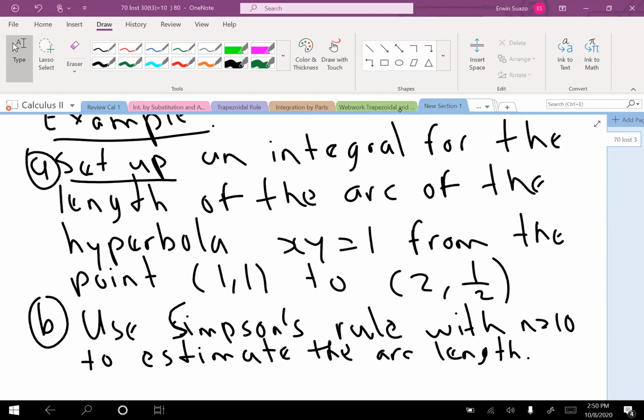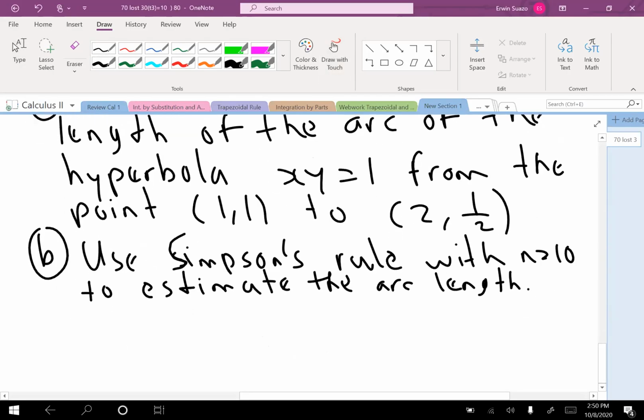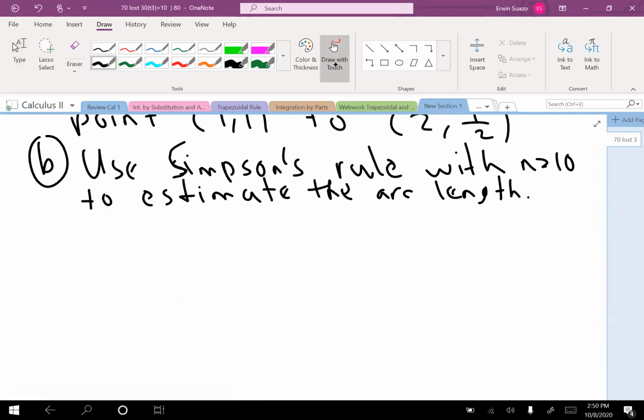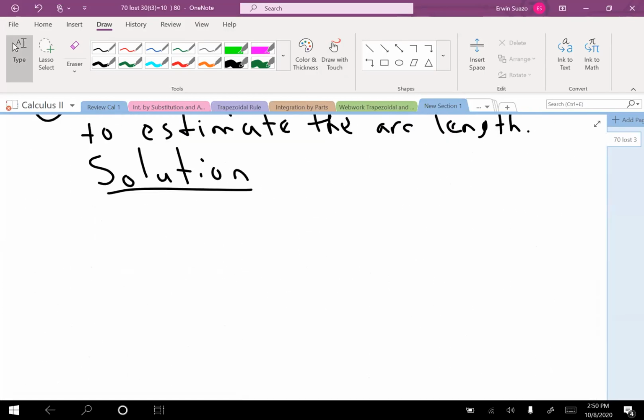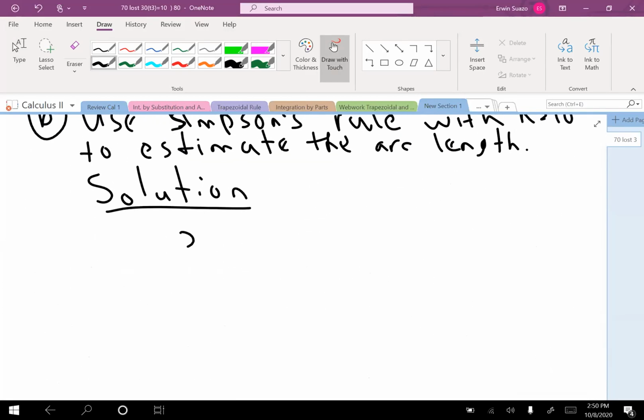Okay, so let's set up A. This is a solution. So the function is x times y equals 1, right?